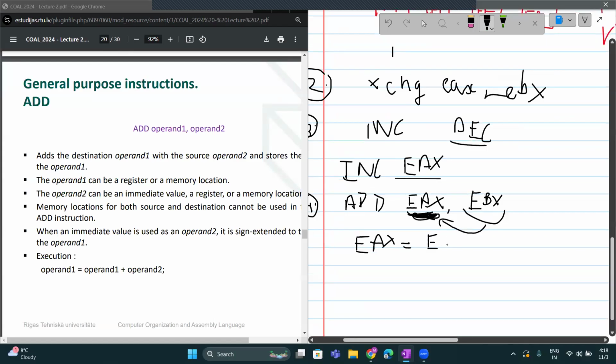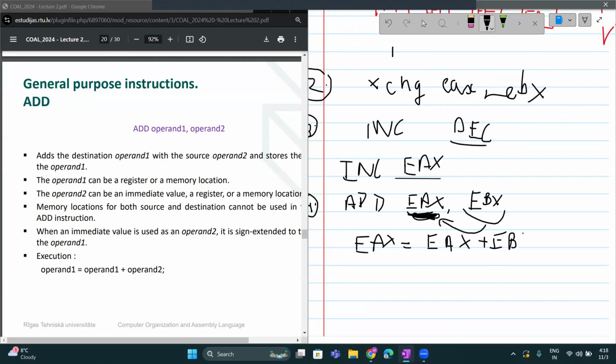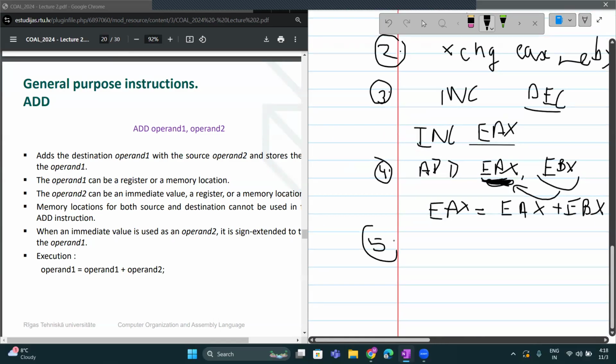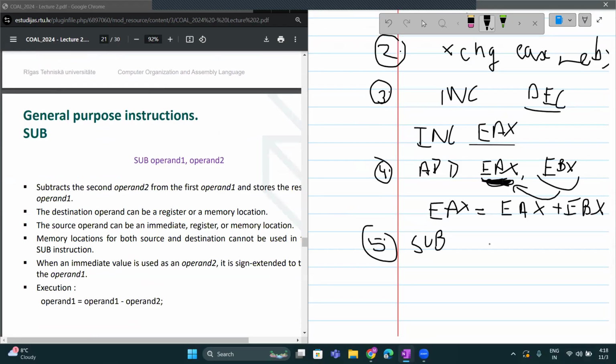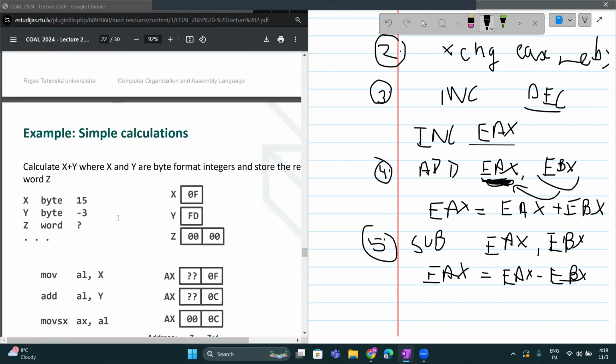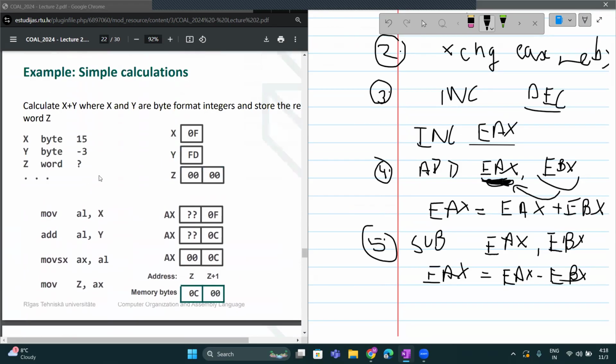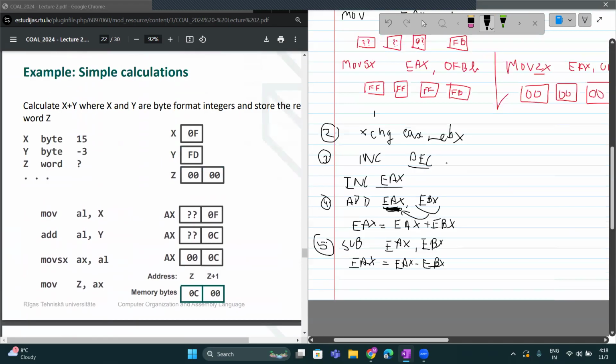So EAX will be basically EAX plus EBX. That's what add does. And then subtract, it's the same thing: sub EAX, EBX, and EAX will be EAX minus EBX. Yeah, this is a very simple calculation.